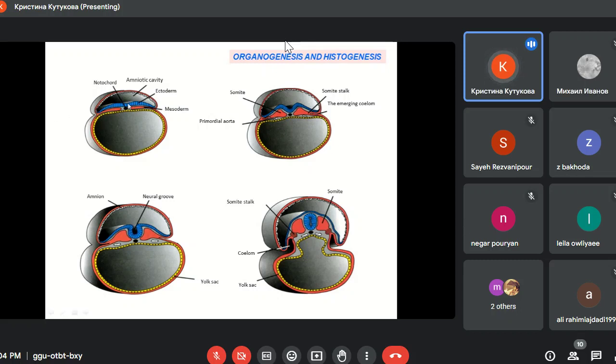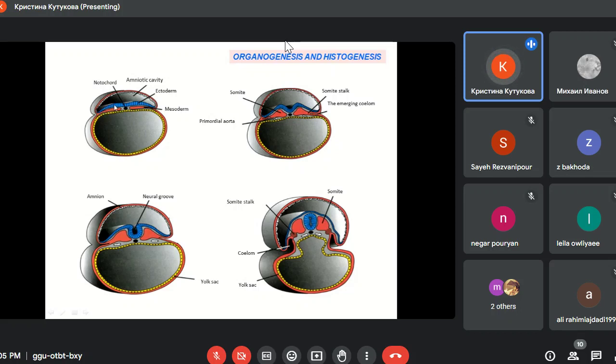So the central area of ectoderm starts to invaginate, and then it closes with the formation of the neural tube, and here also the neural crest, not shown here. And also during the same period of time, the embryo starts to change its form. So first the embryo is flat.